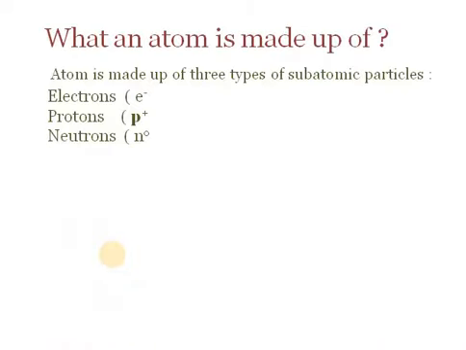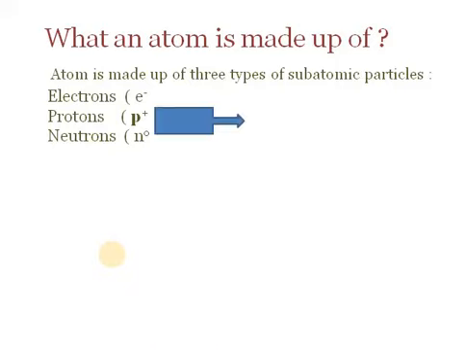Next to this, now what is an atom made up of? As we are going to discuss atomic structure, it is a must to know about the constituents of an atom and their arrangement in an atom. Generally, an atom is made up of three types of subatomic particles, and these particles are called electrons, protons and neutrons.